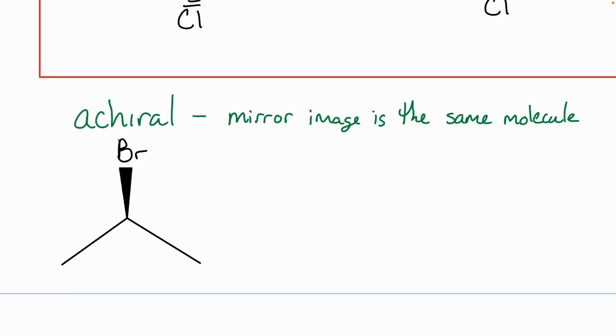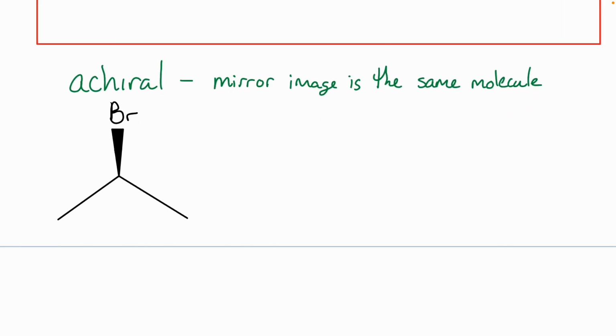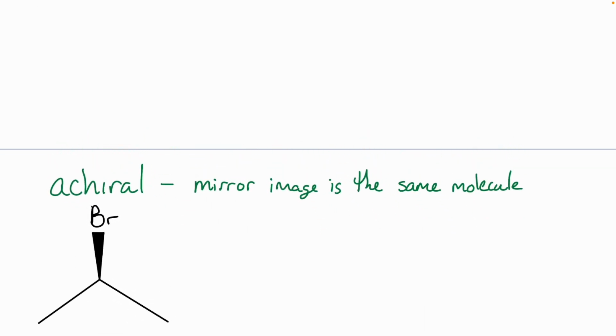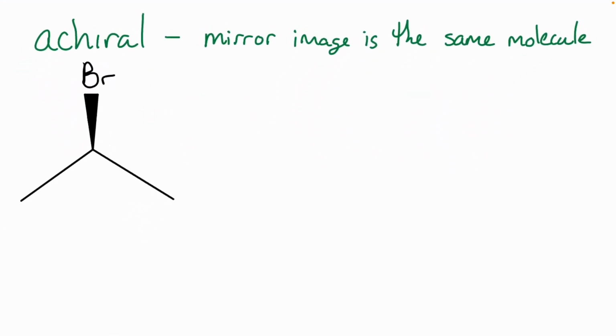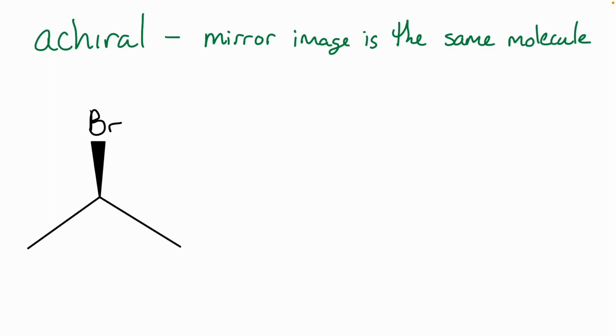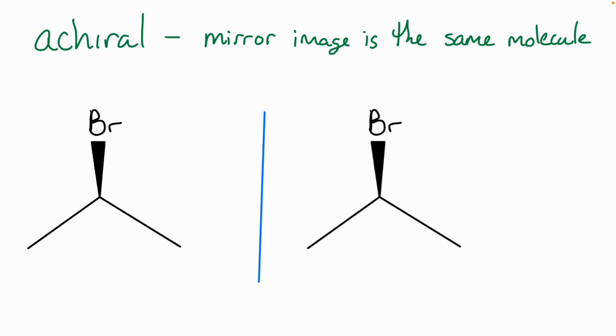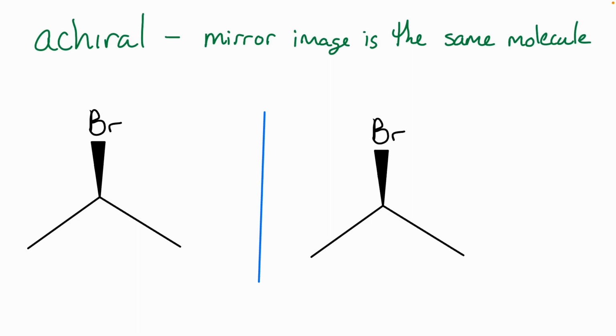Let me move this to a new page, actually. Let's convince ourselves real quick that this molecule is indeed achiral. I'm going to put down a mirror and draw that mirror image. And all I've done is redraw the exact same molecule, right? I take the mirror image of this molecule and I don't get anything brand new. It's just the exact same molecule again.